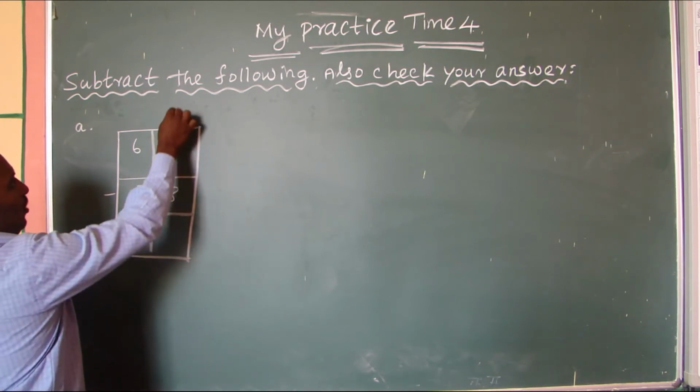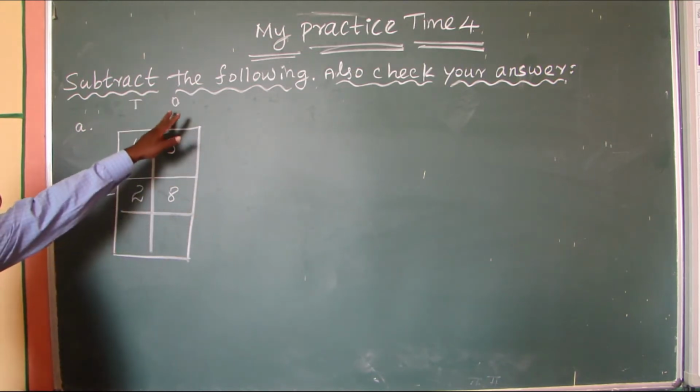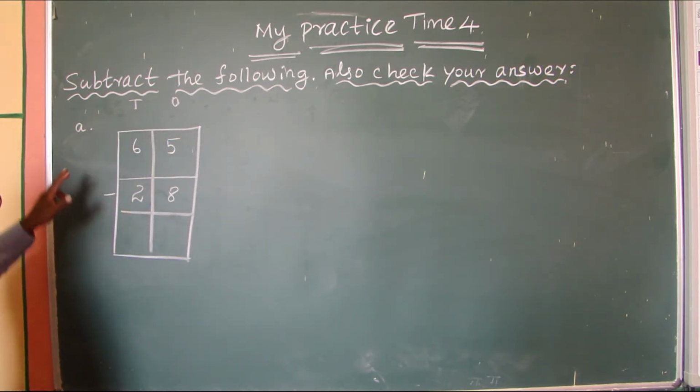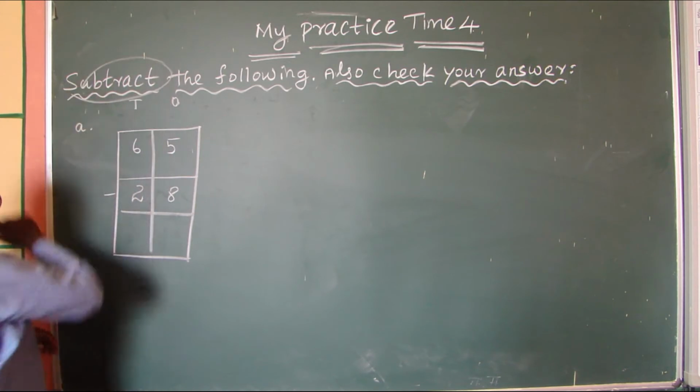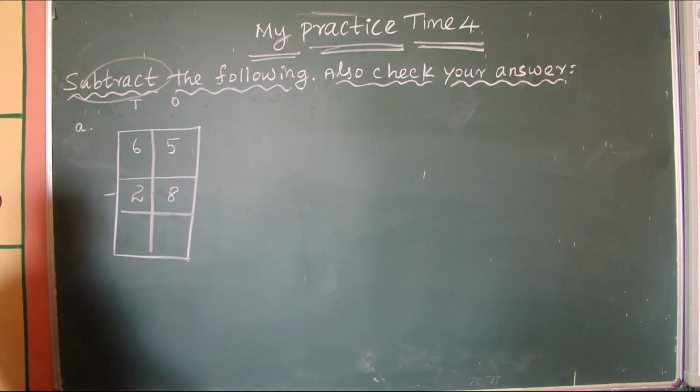We take the place value ones, tens. First we subtract the sum 65 minus 28.